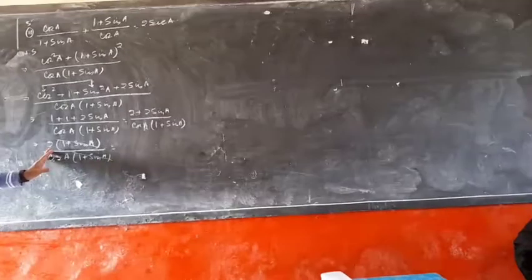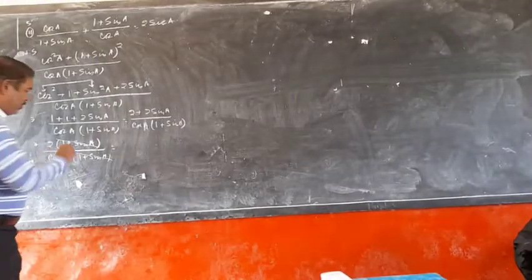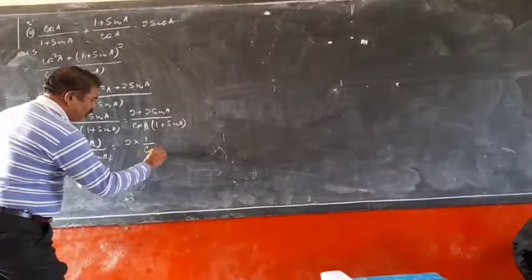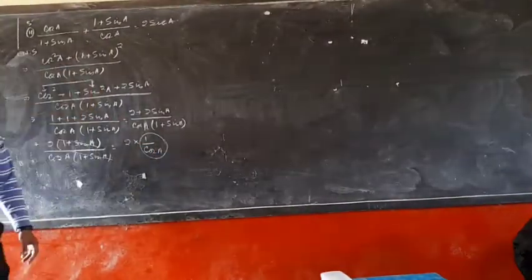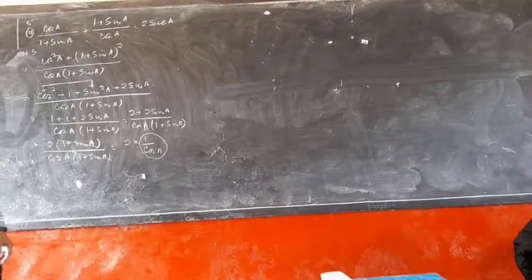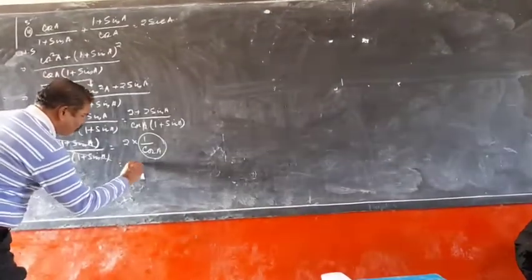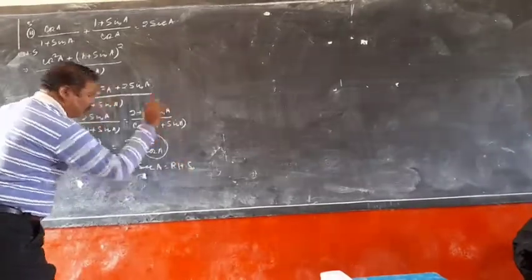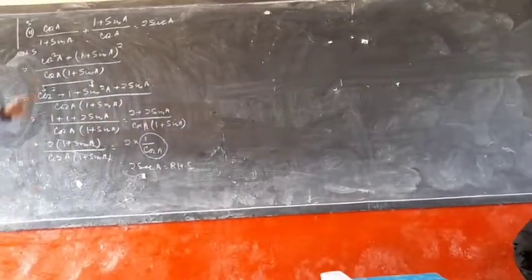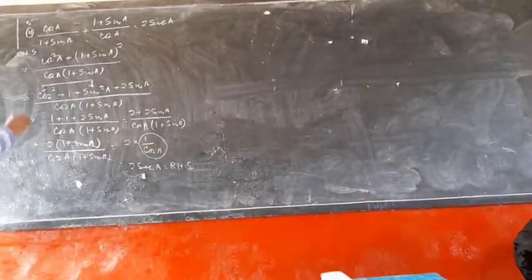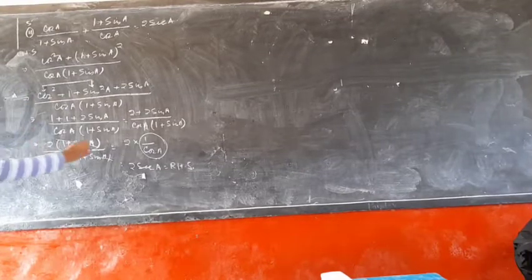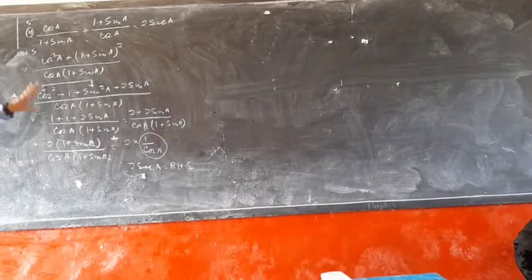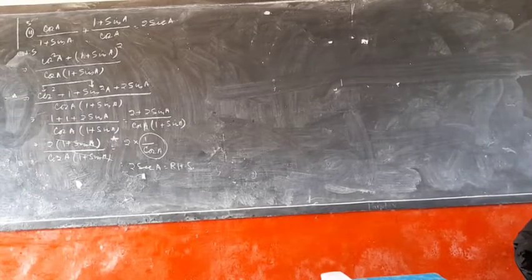This step also doesn't need identities. 2 upon cos A can be written as 2 into 1 upon cos A, and 1 upon cos A is equal to sec A. That is 2 sec A, which is the RHS. So in this question, I have used the identity formulas on only two steps, and the other steps are simple arithmetic.